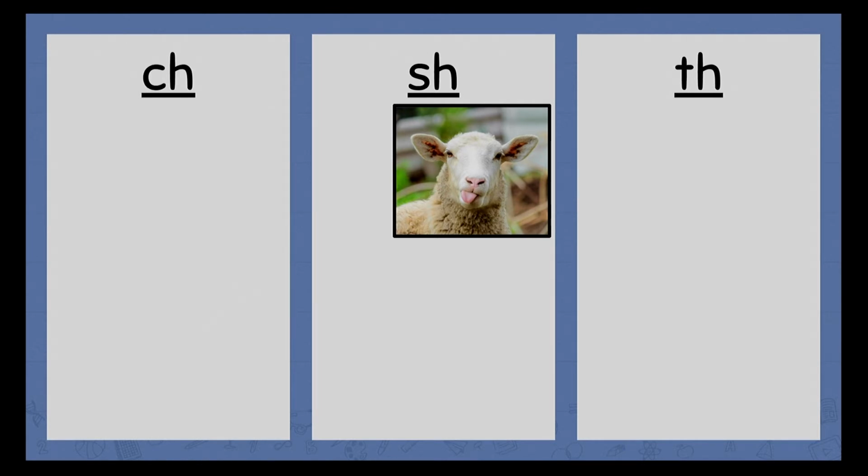Thermometer. Now, I know you know all about this word because you are weather experts. And we learned that a thermometer measures the temperature or how hot or cold it is. So when you think of the word thermometer, do you hear ch, ch, sh, sh, or th?